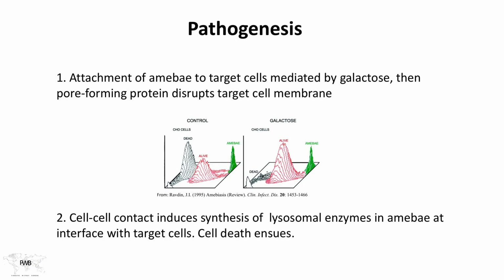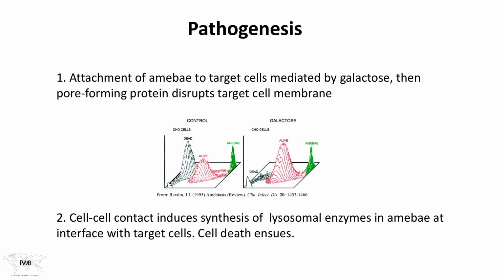It is not unlike other infectious agents that require certain steps before they can actually start to ingest a cell, and that's best illustrated here. The Entamoeba histolytica requires galactose on the surface of the host cell in order for it to attach. Once it attaches to the surface of the host cell, it mediates a lot of changes.